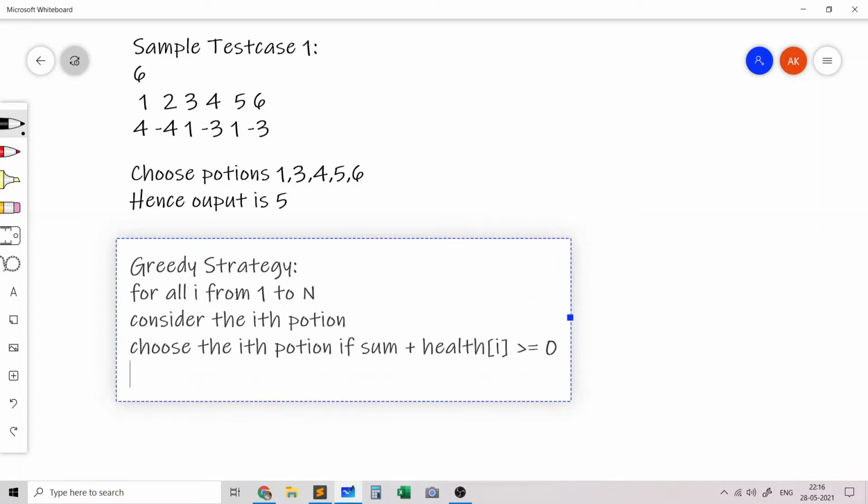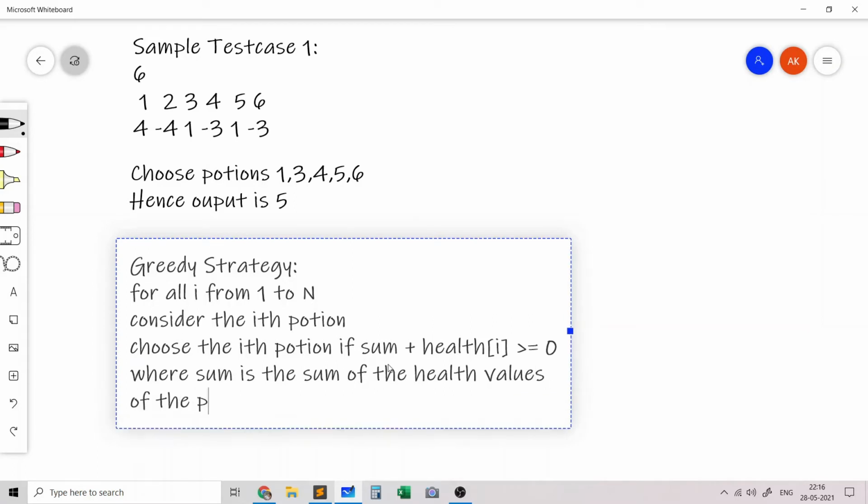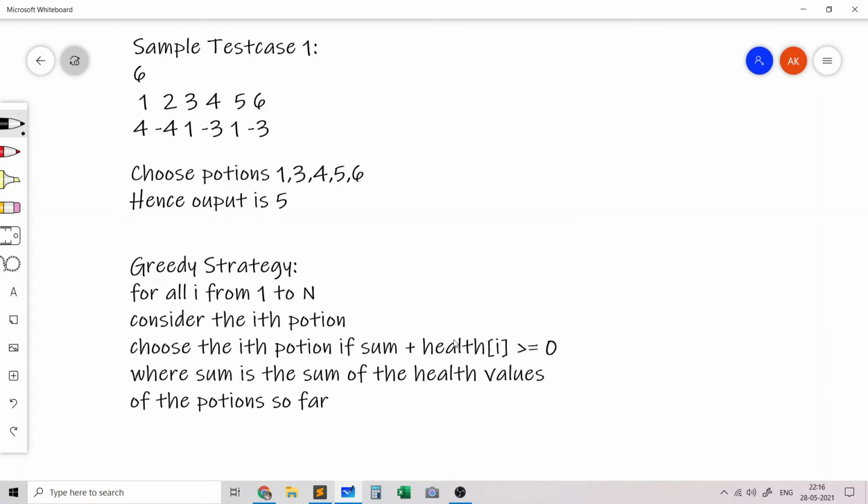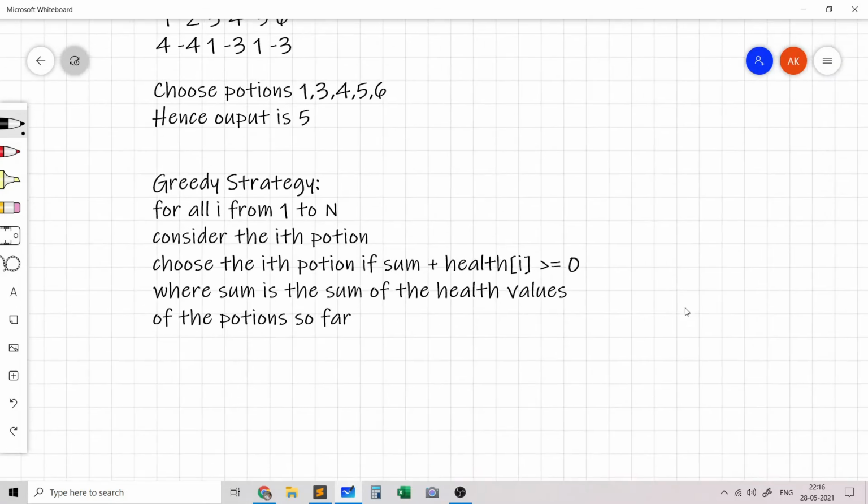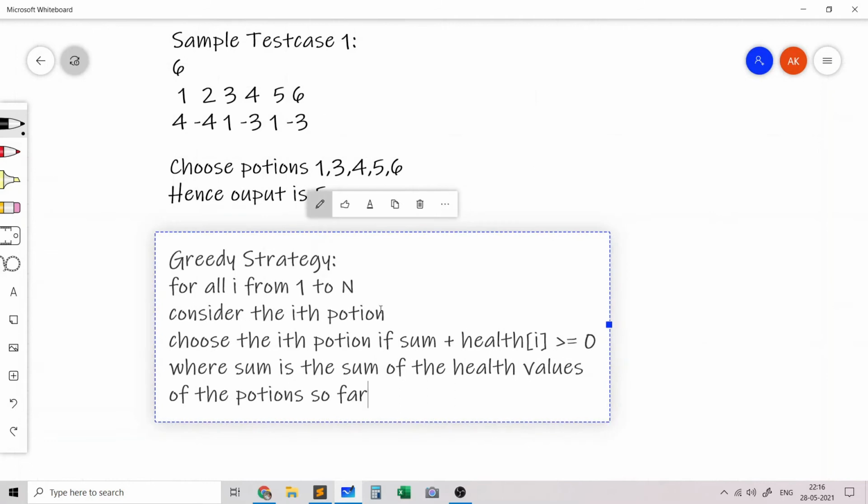Here sum is the sum of the health values of the potions chosen so far. This is the greedy strategy which everybody will think of applying: if the sum plus the health of this potion is still non-negative, then we choose it, because that may be the best answer.